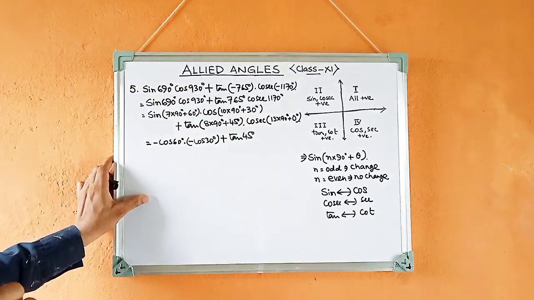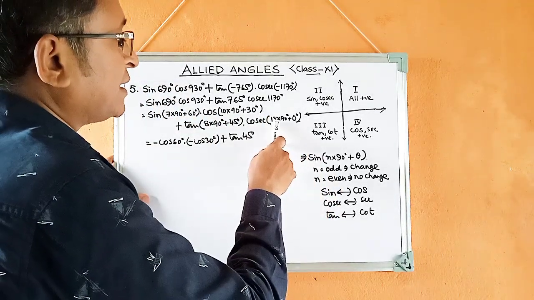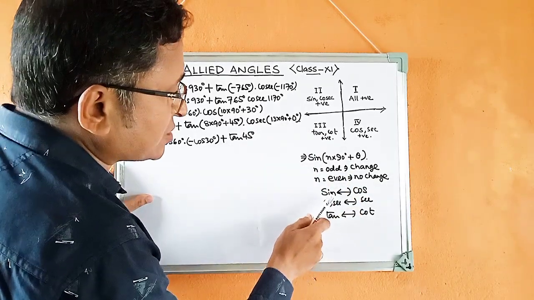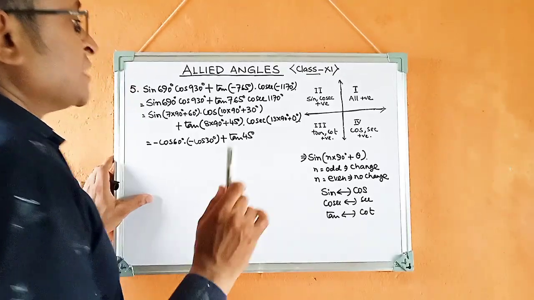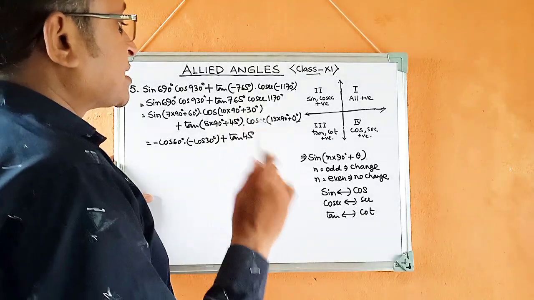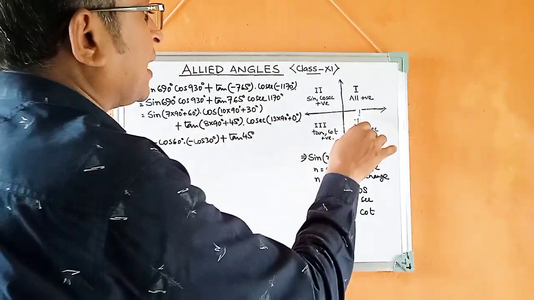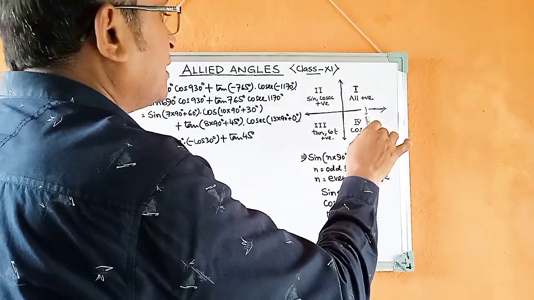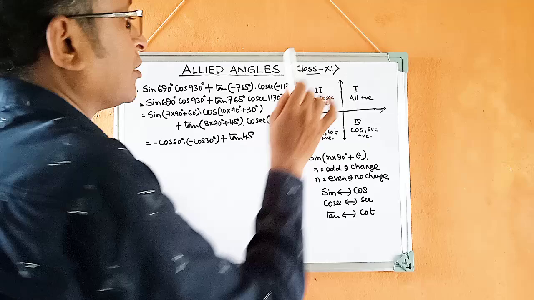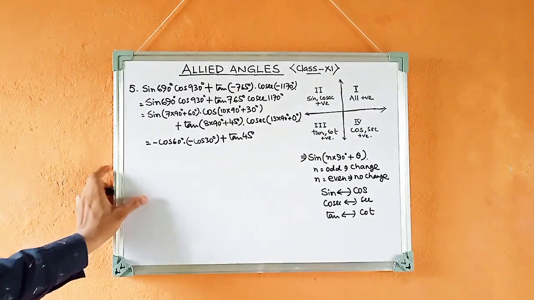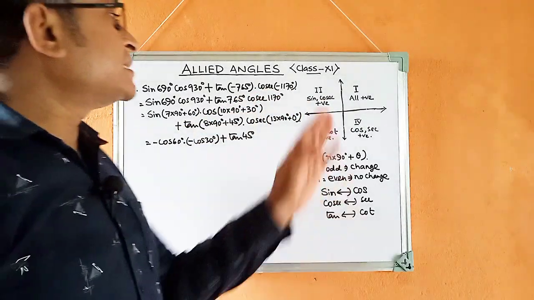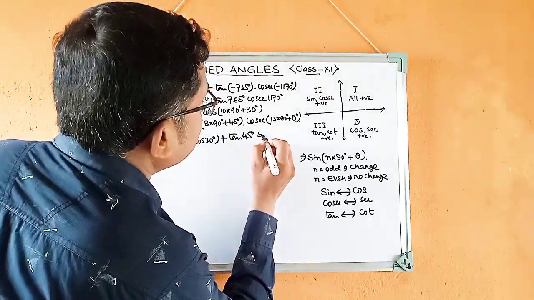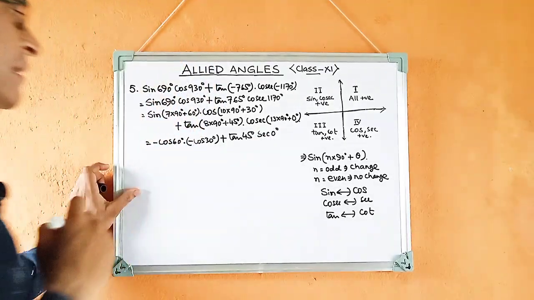Now cosec 13 into 90 degree plus 0 degree. 13 is an odd number, so cosec changes to sec. 13 into 90 plus 0 degree enters the second quadrant, where cosec is positive. So write sec 0 degree. Clear everyone?